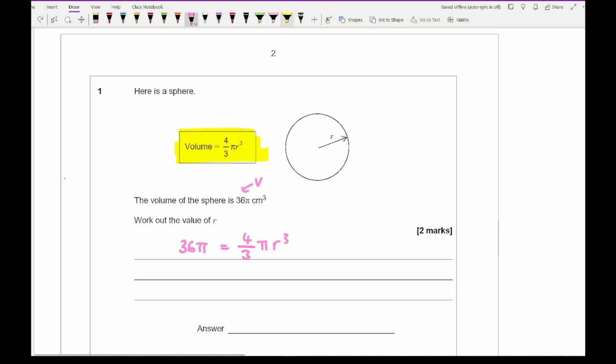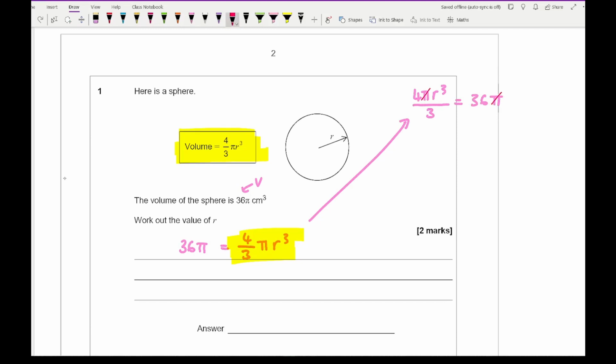Now, one way that you might want to rewrite this formula is to write it all over 3. So if I write 4 pi r cubed all over 3 equals 36 pi. Both sides have got a pi, so I can cancel that out.